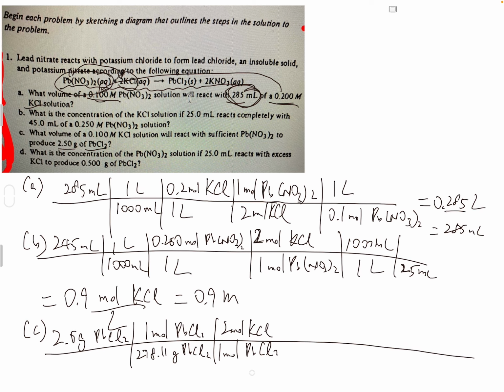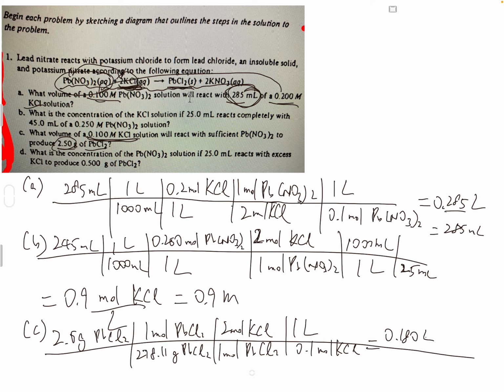Every 1 mole of this, we need 2 moles of this. And finally, 1 liter has 0.1 mole of KCl. That's the molarity. After you hit the calculator and round to 3 sig figs, we get something like 0.180 liter.